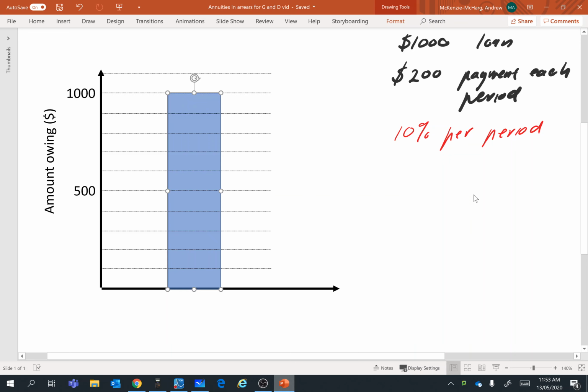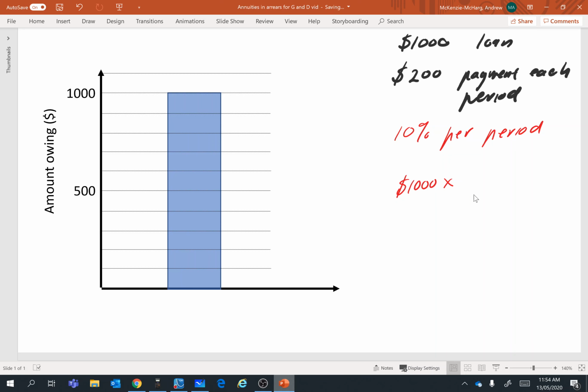Now the bank will charge interest on that balance. So right now we have $1,000 owing, and the bank will calculate the interest by multiplying by the rate per period. So that 10%, we need to convert it to a decimal by dividing by 100, which gives 0.1.